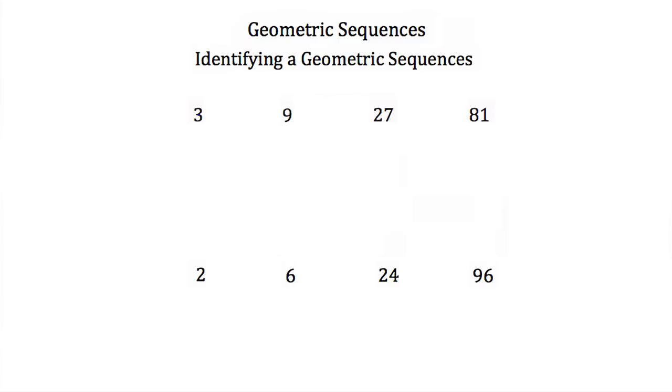So to go from 3, our first term, to our second term 9, by multiplication, we would have to take 3 and multiply it by 3. And that would get us 9. Now if we take 9 and we want to go to 27, we would also have to multiply 9 by 3, and we would get our third term, 27.